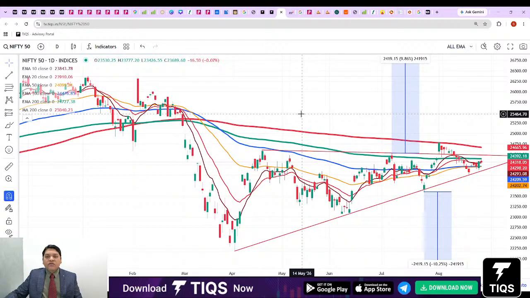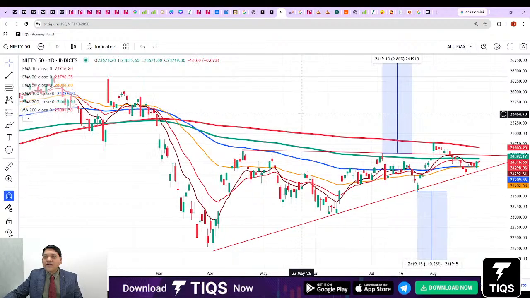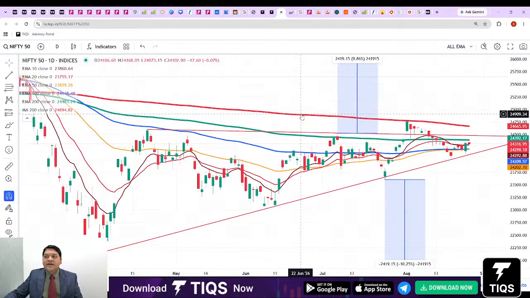Today I will go one step ahead as well, and if possible I will show you the derivatives too. That depends upon the time and your interactions. If you want, only then I will give you the derivative analysis. If there are no comments, then we will go only towards the plain technical analysis. Okay, so let's get started.